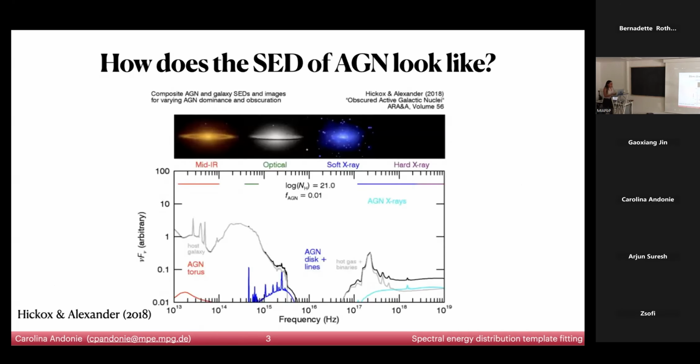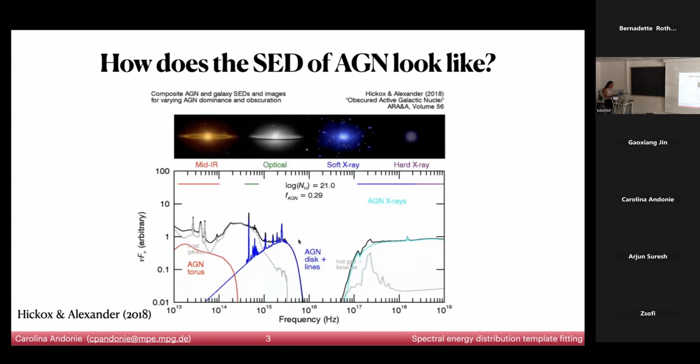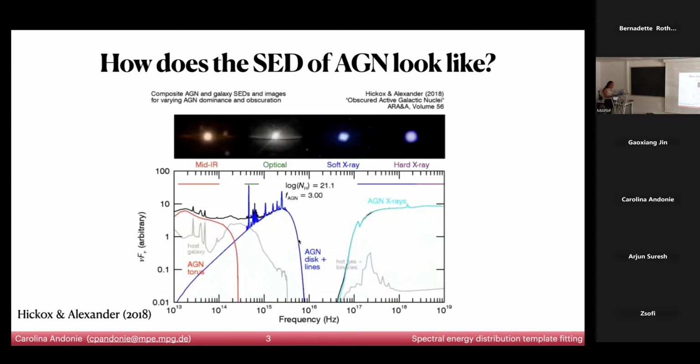So what does the SED of an AGN look like? Mostly when we talk about SED fitting, in the case of AGN, we mostly refer to the X-rays to the mid-infrared. This is a very classic video that I am sure you have seen before.